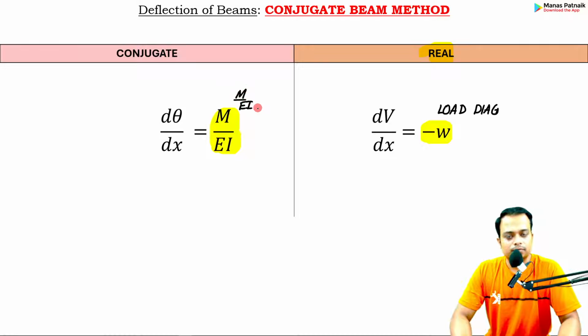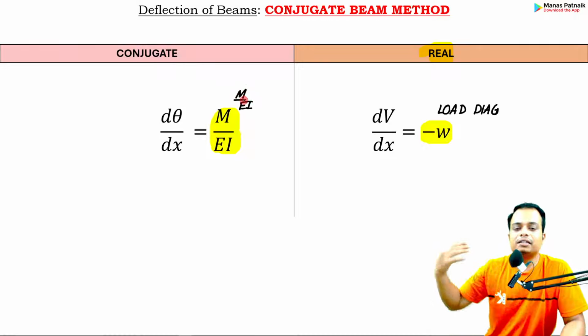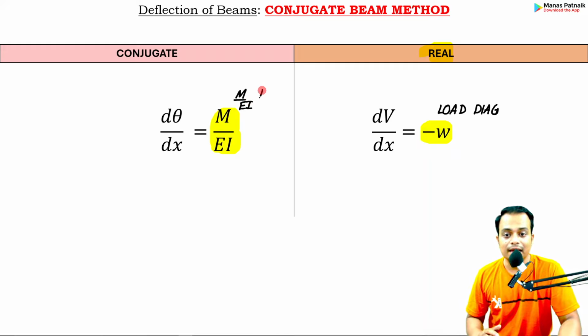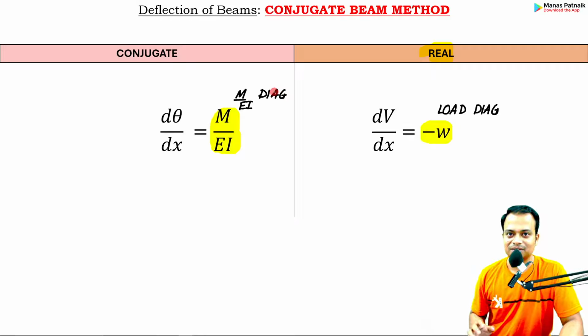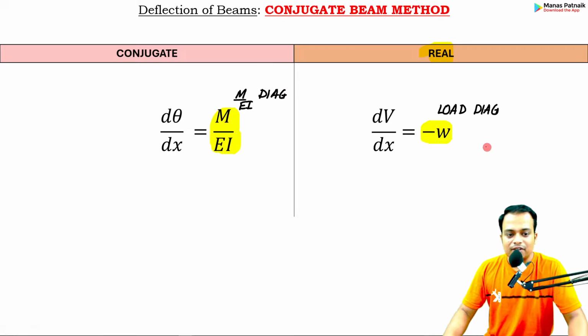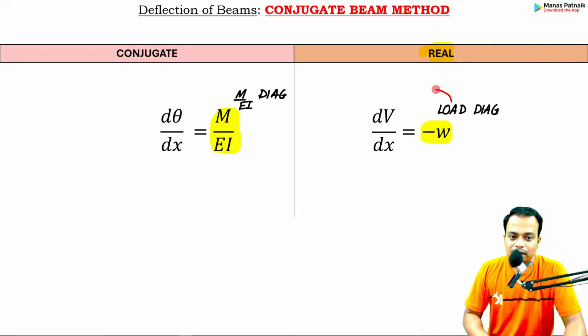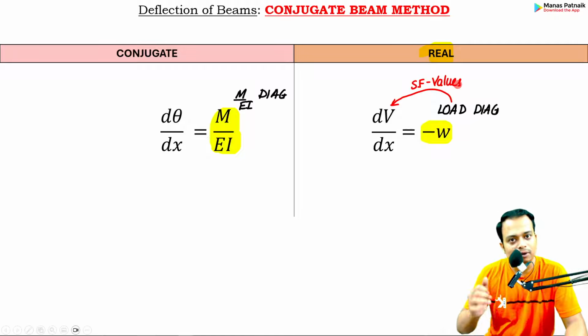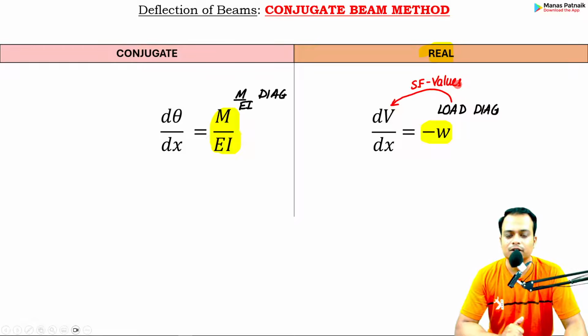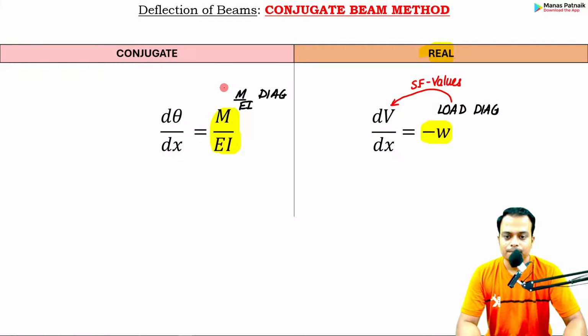Let's say you have constructed an imaginary beam with an M over EI diagram. Just listen to me. Everything will make sense. What we have been doing from the load diagram, we know how to calculate the shear force values at any point. We can take this section, or you can generally apply the method.